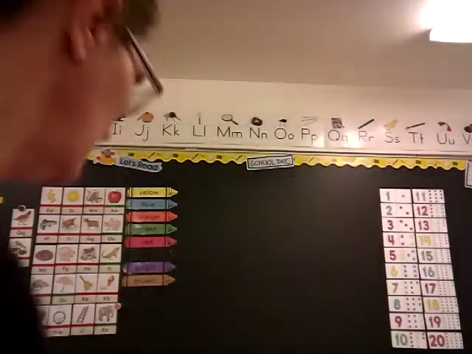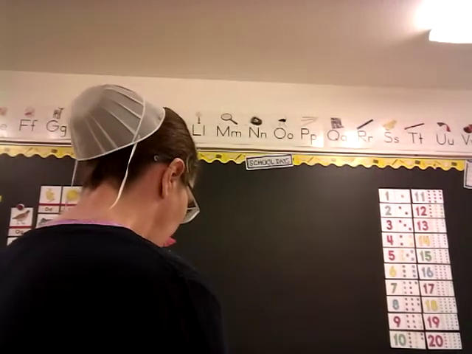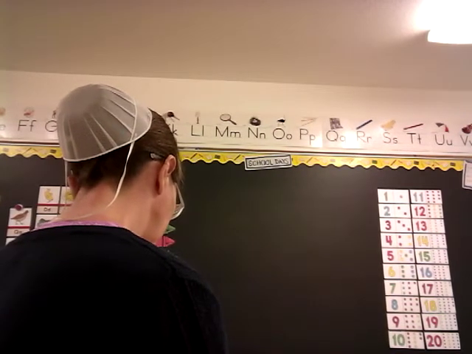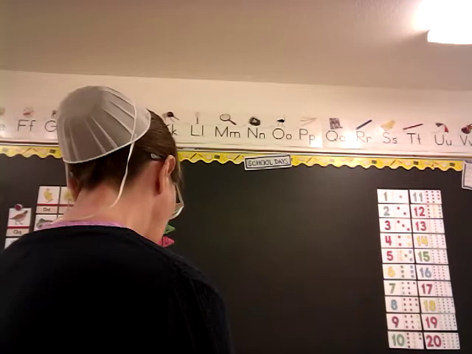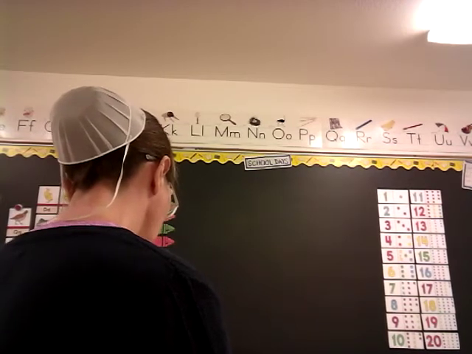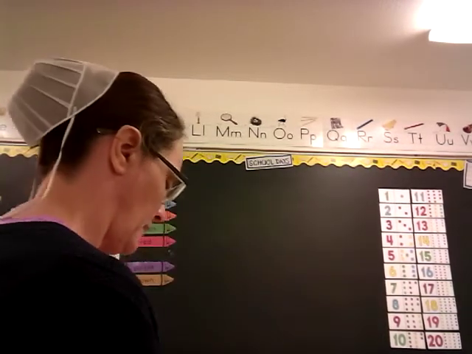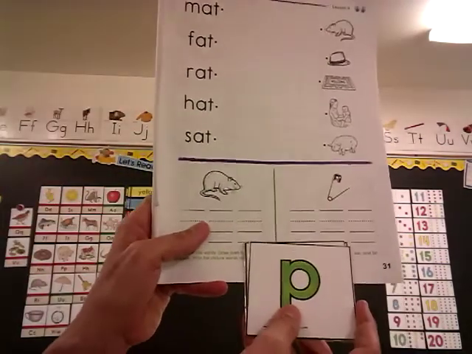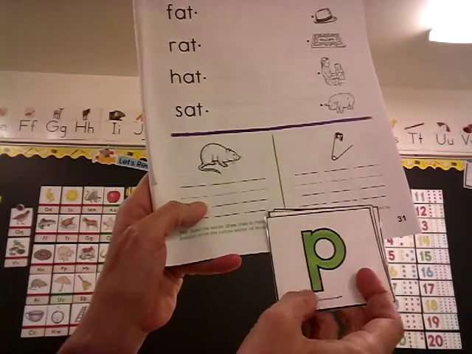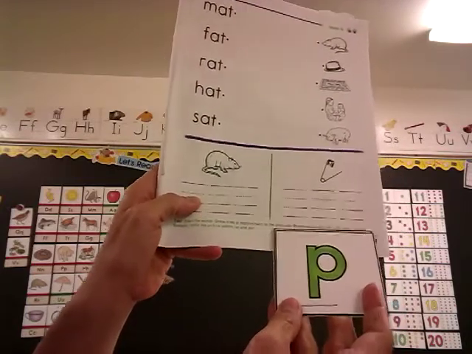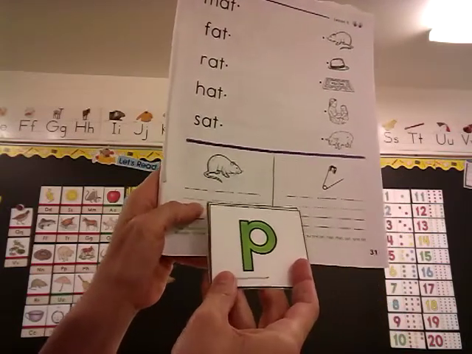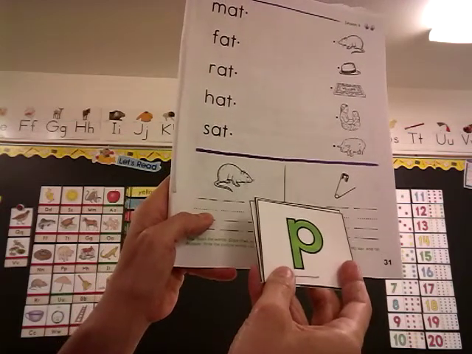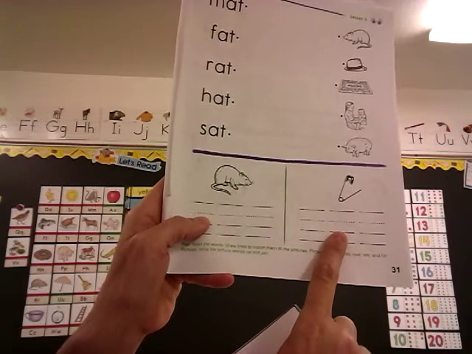The first letter, let me find it, is P. Okay, the first letter here should be a P. P makes the p sound. So put a P in that first box, and then let's listen to the middle sound, or the vowel sound.